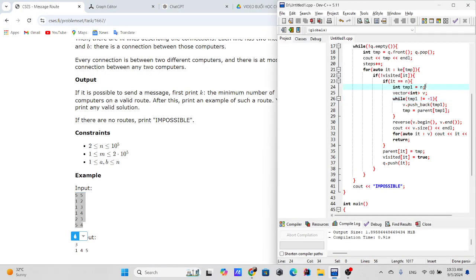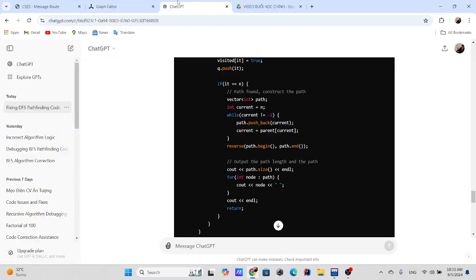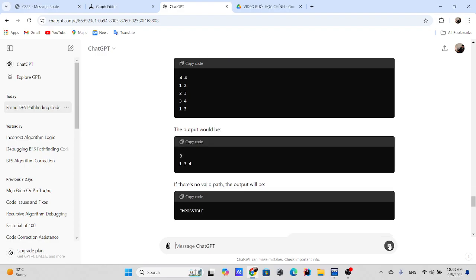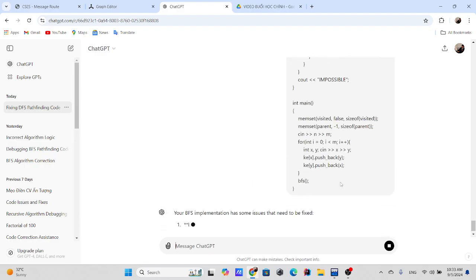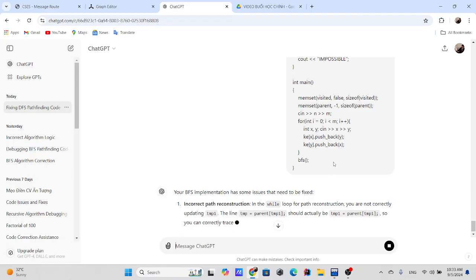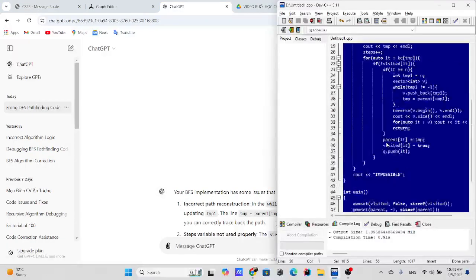Shit, this shit is hard, man. Some issues for reconstruction. What do I loop?